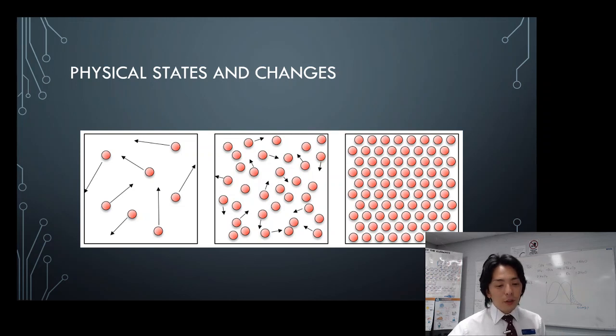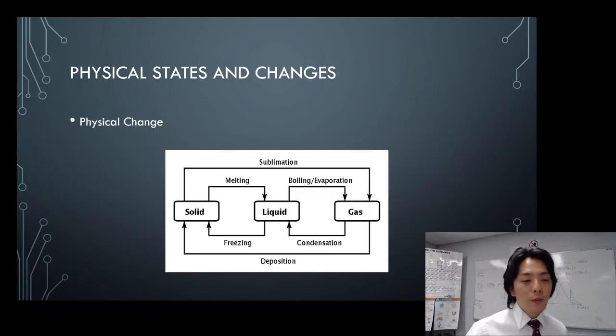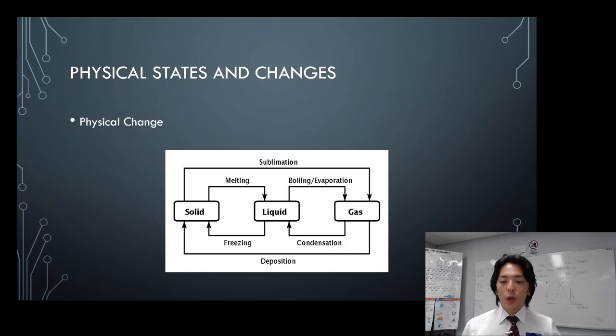Now, on the next slide, slide 11, particle arrangement is different in atoms. Physical change, again, is caused by different amounts of energy added or taken away. On your left again, you see solid, liquid, and then gas.